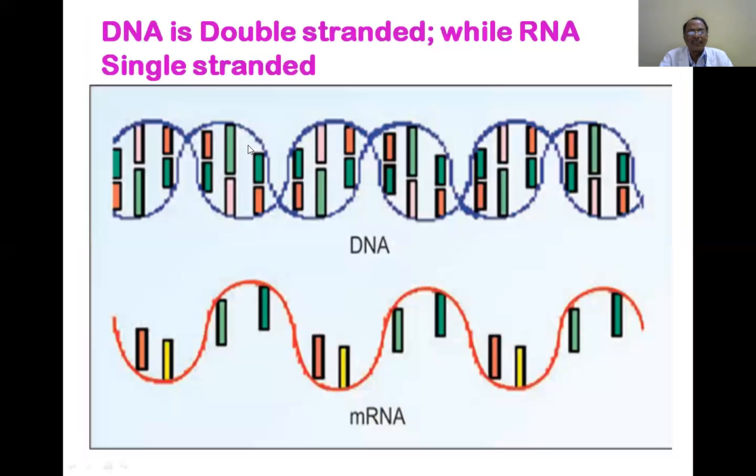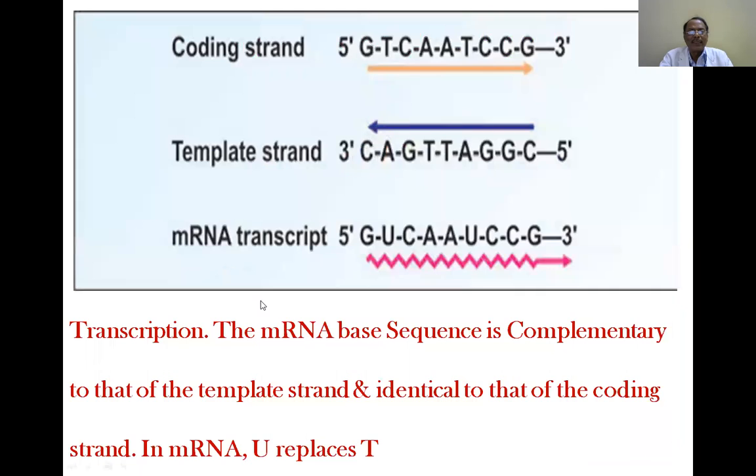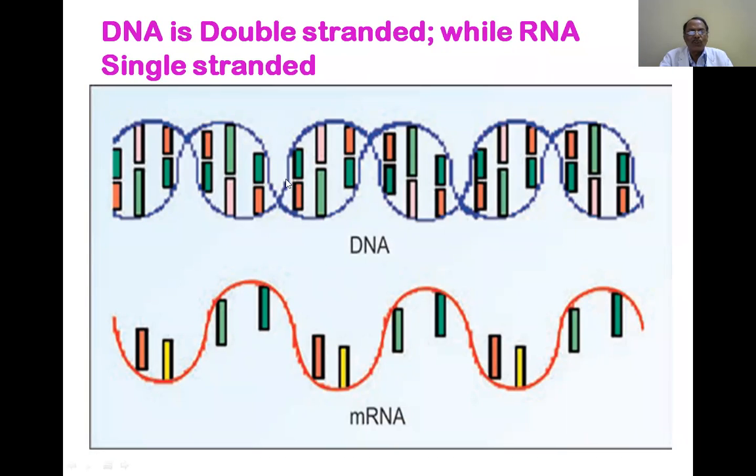This is all in the process. The DNA is double-stranded, while RNA is single-stranded. Out of these two strands, only one strand is going to be the gene. It may be present on this strand, or it may be present on the other strand. Both strands contain genes. And in the total DNA molecule, not more than about 10% is really gene fractions. The other parts are not meaningless.